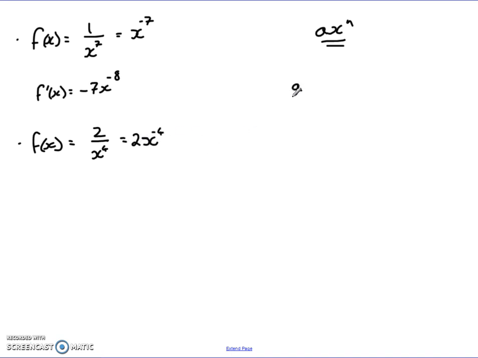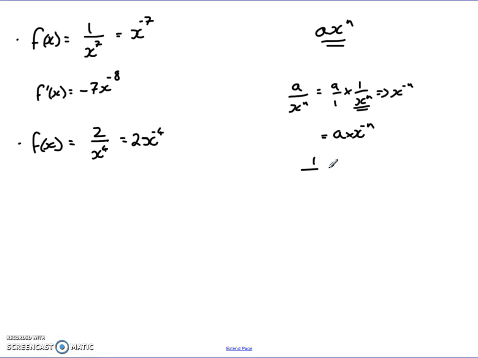Think of when we've got something like this, a over x to the n. That's the equivalent of saying a over 1 times 1 over x to the n. Now this part here can become x to the negative n, which means the whole thing becomes a times x to the negative n. You've got to be wary though if this changes.